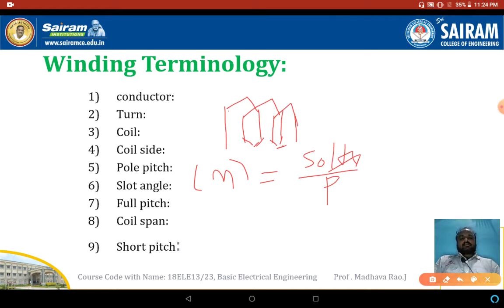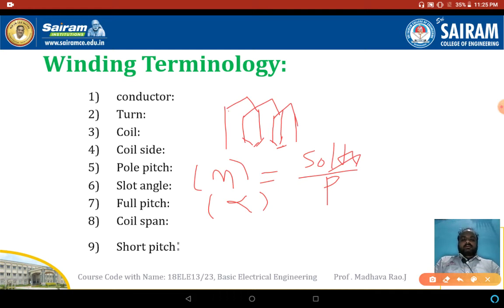Next one, slot angle. The angle between any two adjacent slots is known as slot angle. It is denoted with alpha.